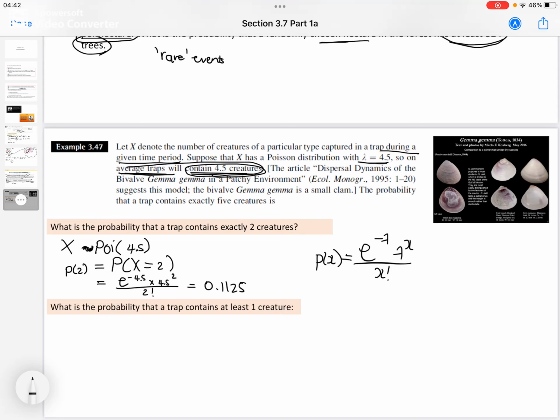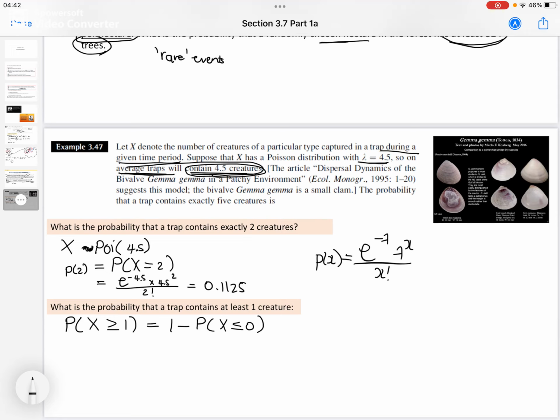Now, what is the probability that a trap will contain at least 1 creature? So now we're calculating the probability that X is greater than or equal to 1. This can also be calculated as 1 minus the probability of X less than or equal to 0, everything on the left-hand side of 1.